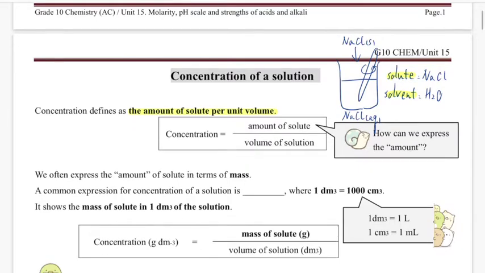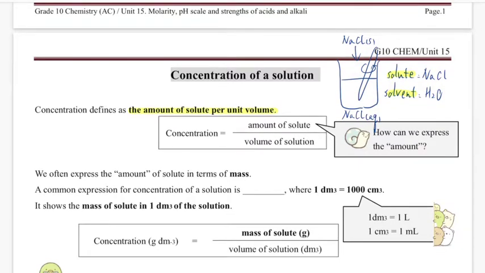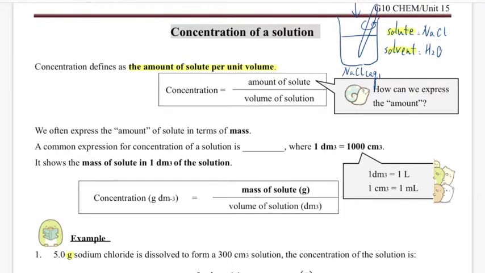The next question is, how do we express this amount of solute? The first way to express it is in terms of the mass. A common expression for the concentration of a solution is in gram per dm³.